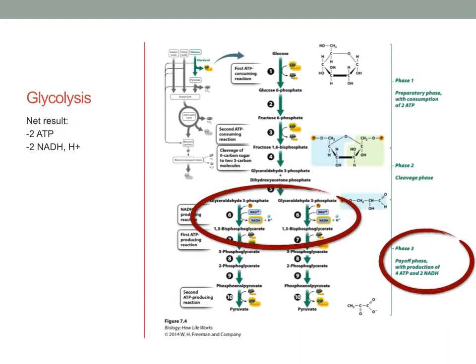There is no need for ATP in this situation because the reaction will spontaneously occur and add an inorganic phosphate on the glyceraldehyde 3-phosphate. This reaction will not produce ATP, but it produces one high energy electron carrier, which is the NADH shown here.